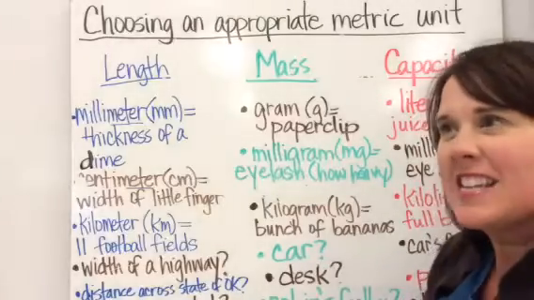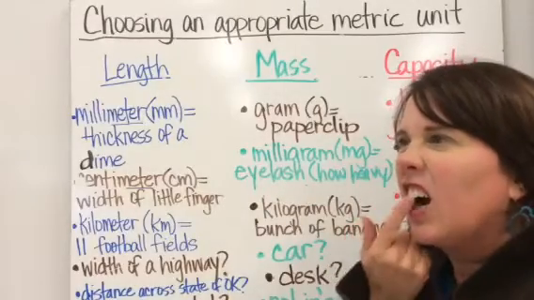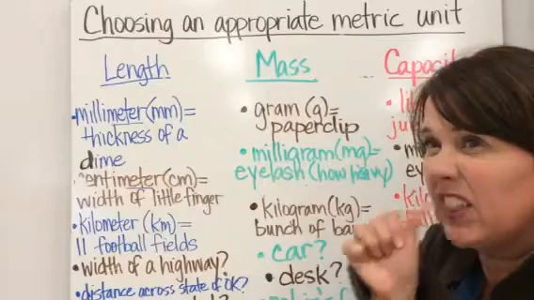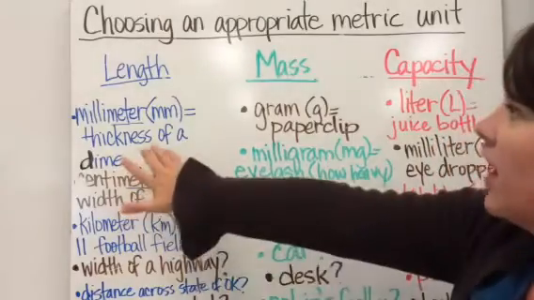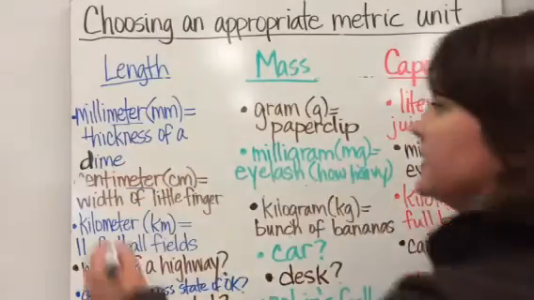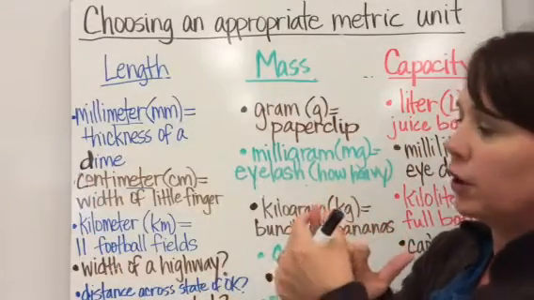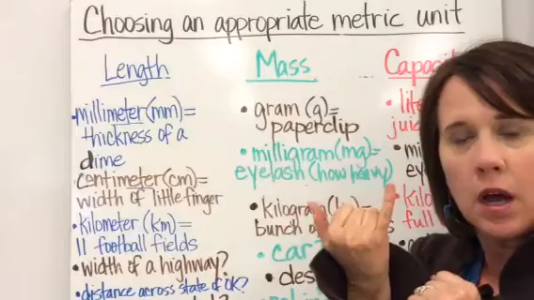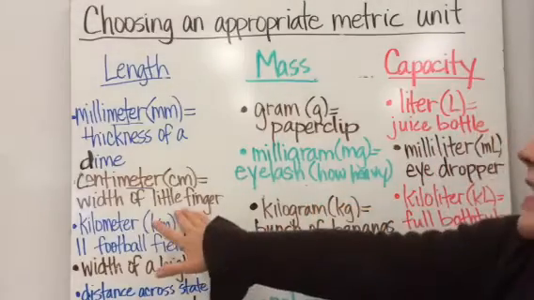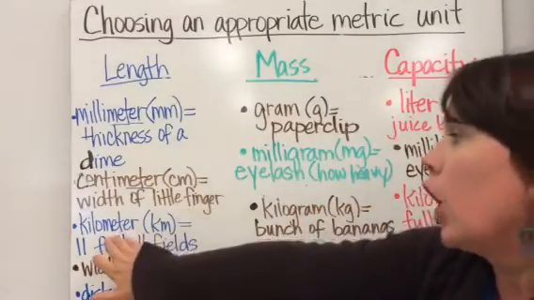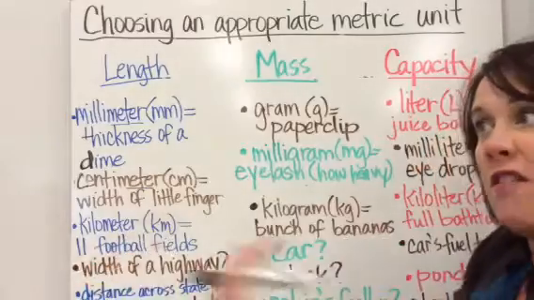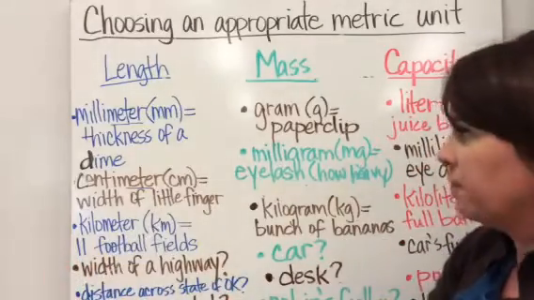Sometimes we remember it as how thick our tooth is. That's a millimeter. A centimeter is about the width of our little finger across, or our pinky fingernail. And a kilometer is about 11 football fields long.